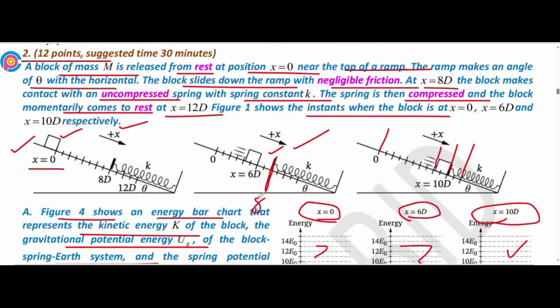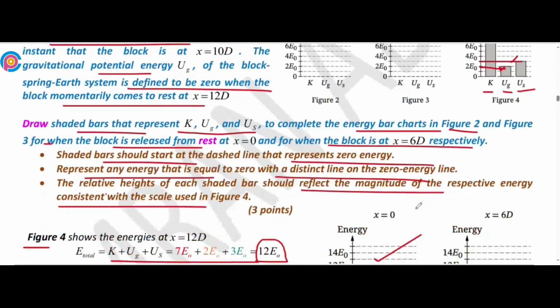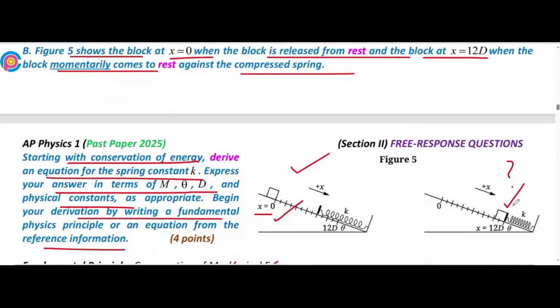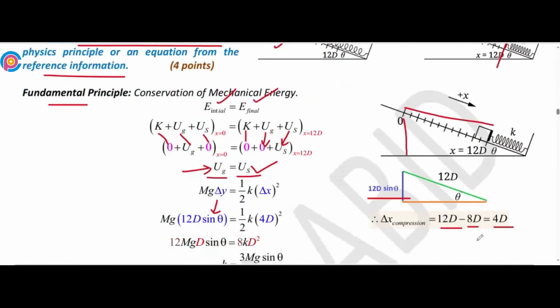That is 8d. We can see 8d is the spring uncompressed position. When the spring is fully compressed, it is at 12d. So what is the final position? 12d. What is the initial position? The uncompressed state is 8d. That's why the total compression of the spring is equal to 4d.